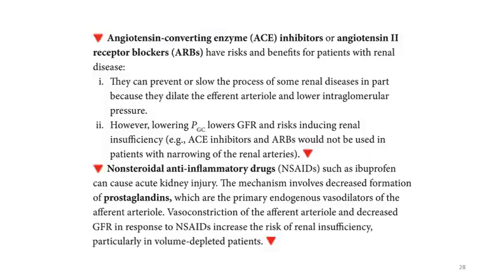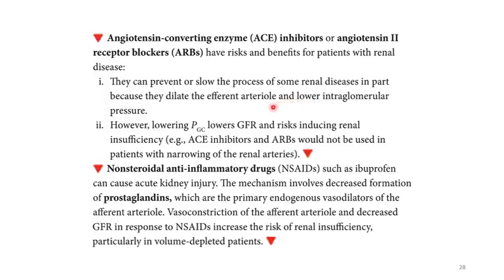Here are two important clinical points regarding prescription of some drugs in patients with renal disease. For example, ACE inhibitors and ARBs can be beneficial in some ways in patients with renal disease because they dilate the efferent arteriole, lower the intraglomerular hydrostatic pressure, and prevent pressure damage to the glomerular capillary.